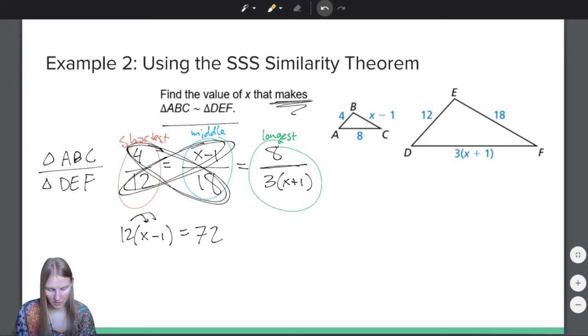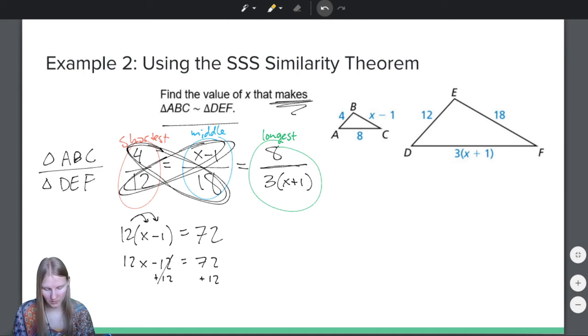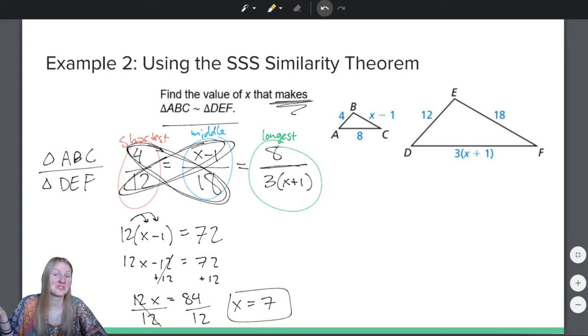And if I distribute the 12, we get 12x minus 12 equals 72. Add 12 to both sides. 12x equals 84. Divide by 12 on both sides. And we get x equals 7. So, there are two different ways that you can figure out what x is.